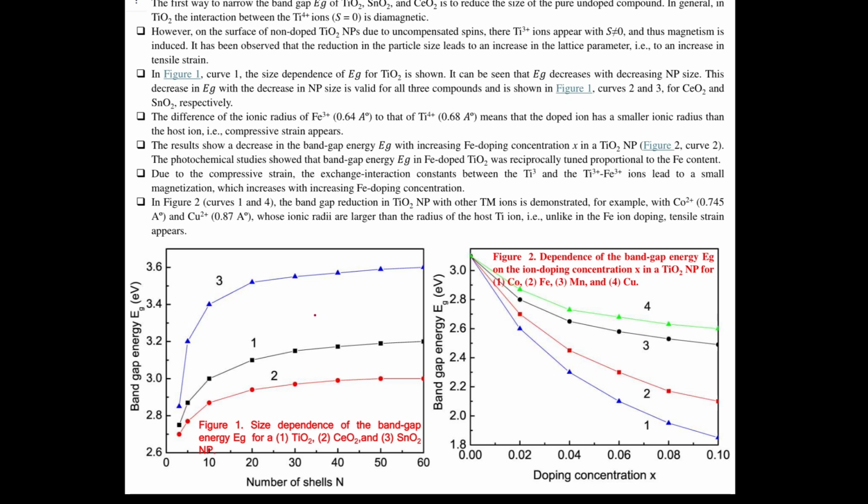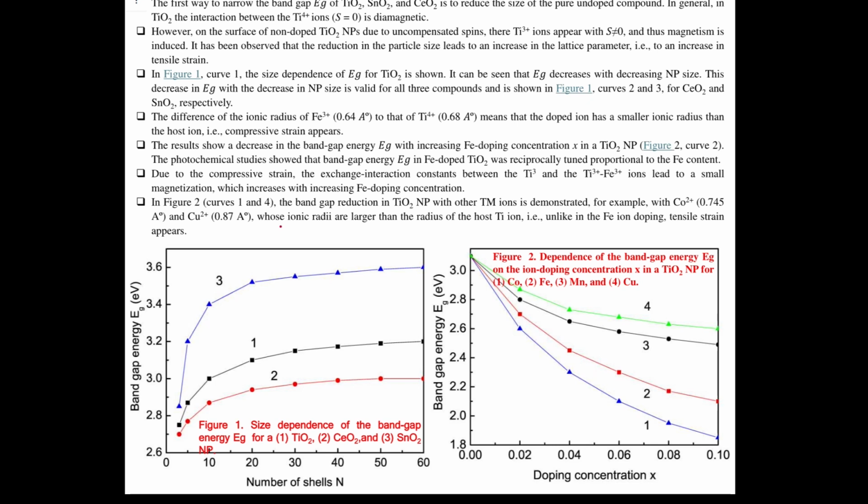As an example, when iron is doped on TiO2, the Fe3+ ionic radius is 0.64 angstrom, whereas the size of Ti4+ is 0.68 angstrom.